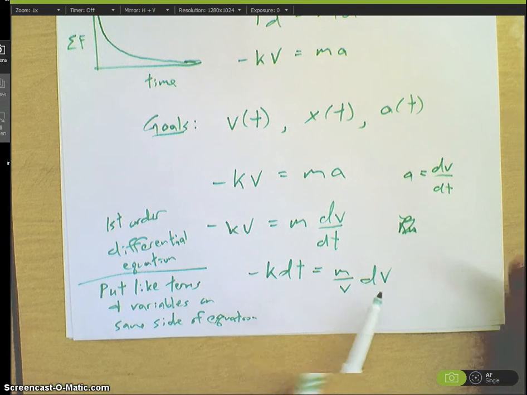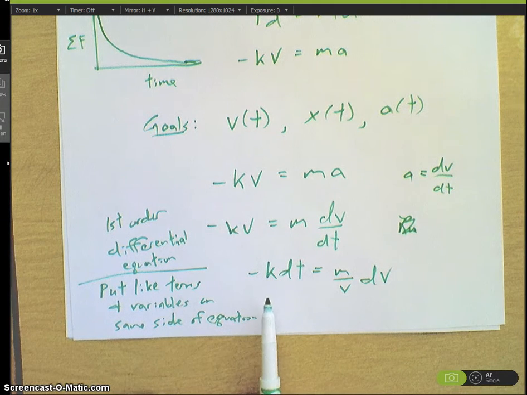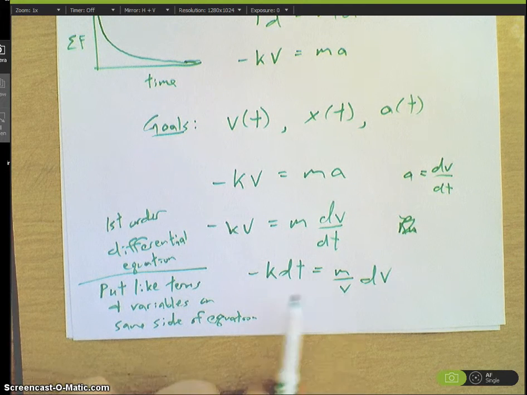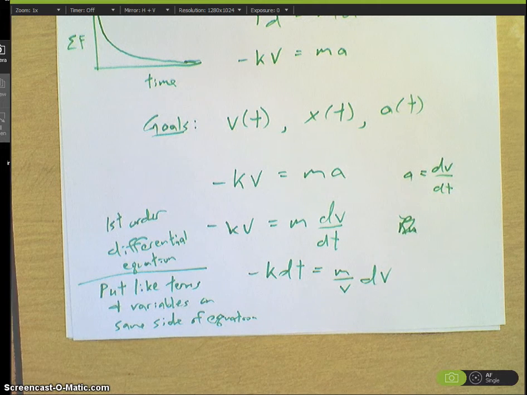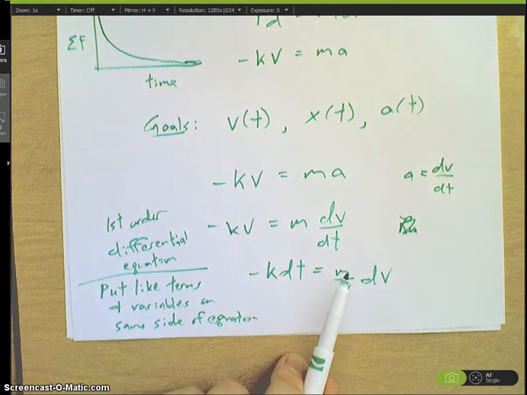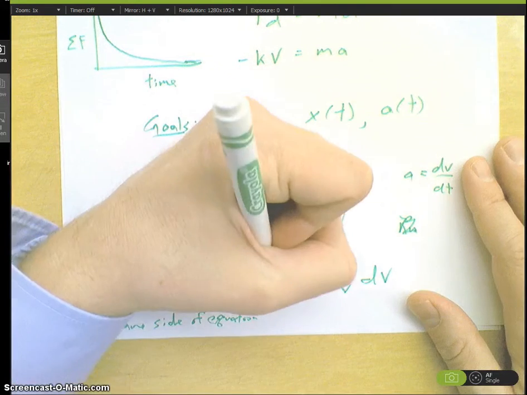Now looking at these two, when we go to integrate, it's usually beneficial to get all the constants onto one side of the equation. M is a constant. The mass of the box is not changing with time, so I'll bring it over here.